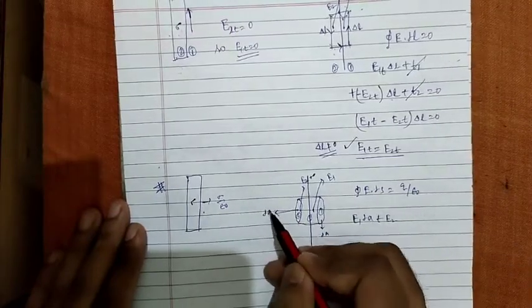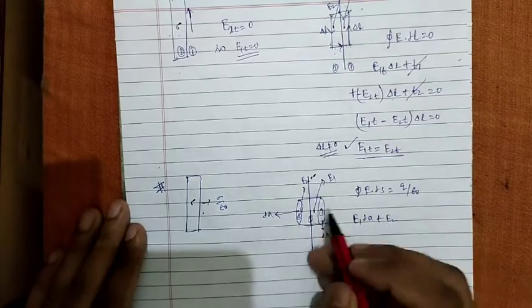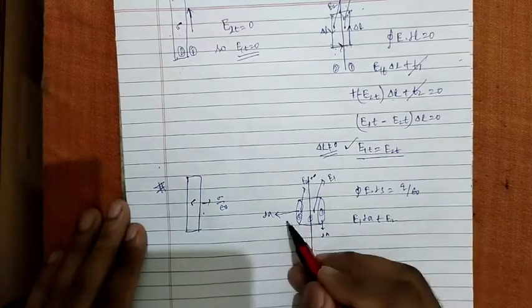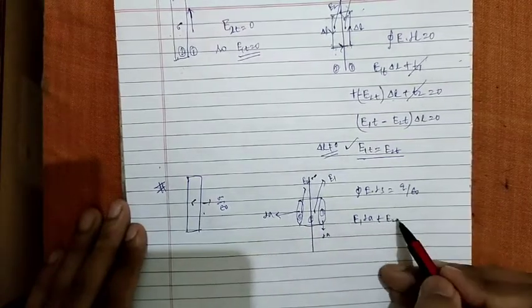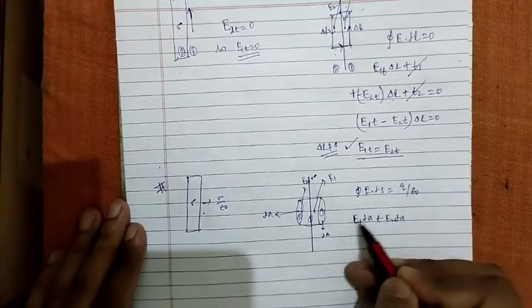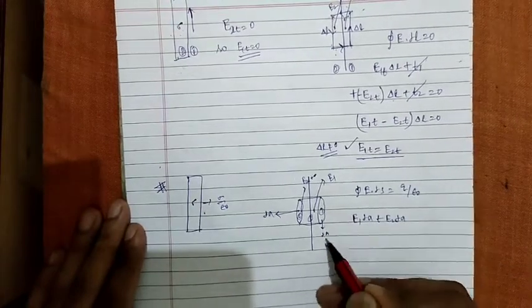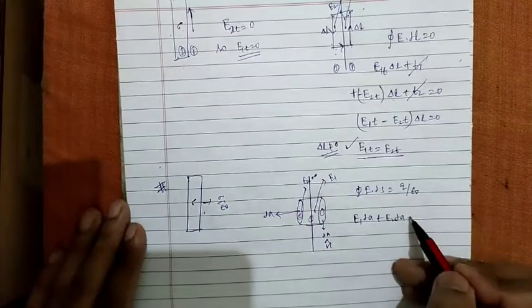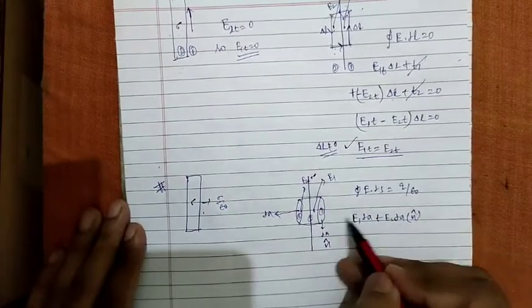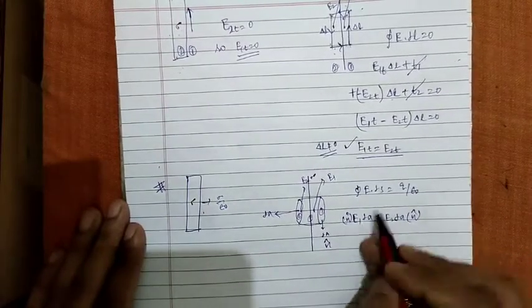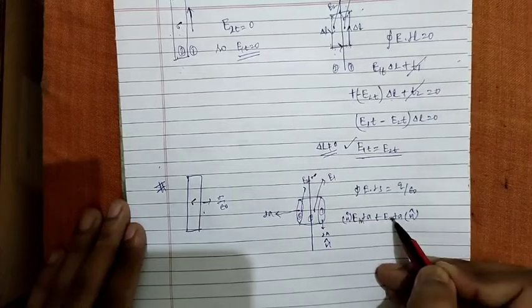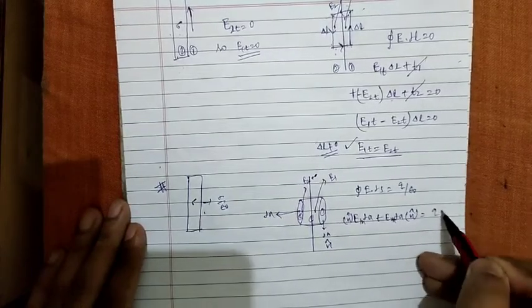So E2 dA, let's say this is in the n cap direction, so this will be in the minus n cap direction, and the normal component, equals Q by epsilon naught.